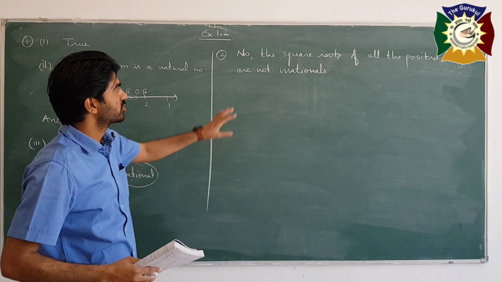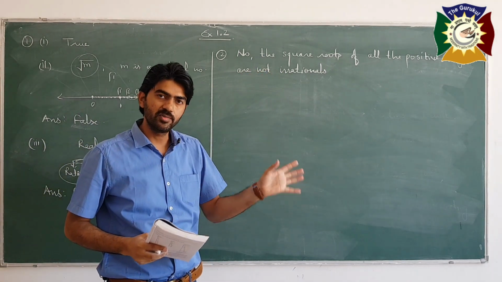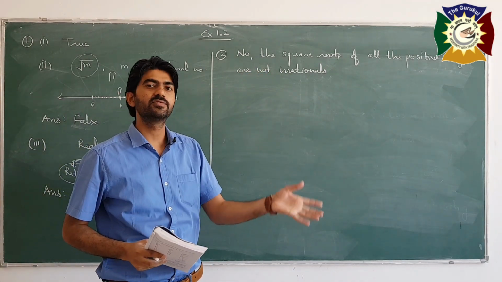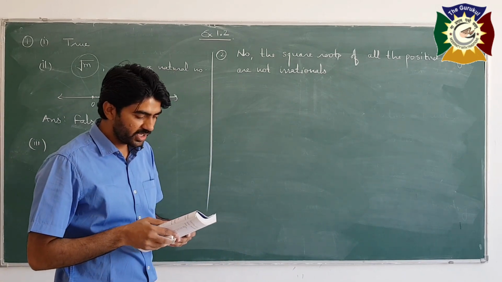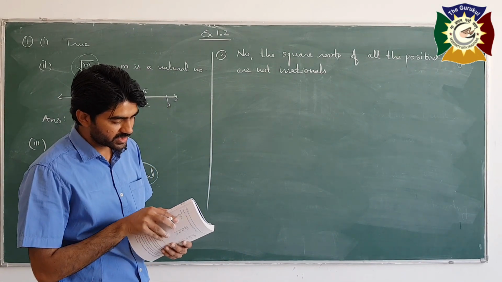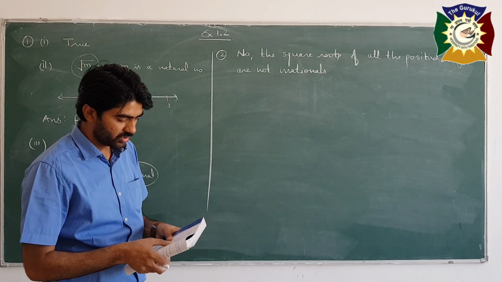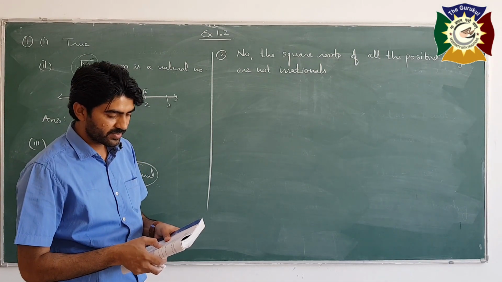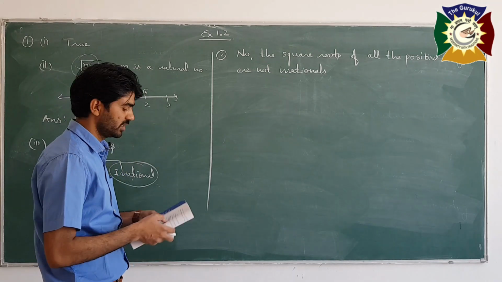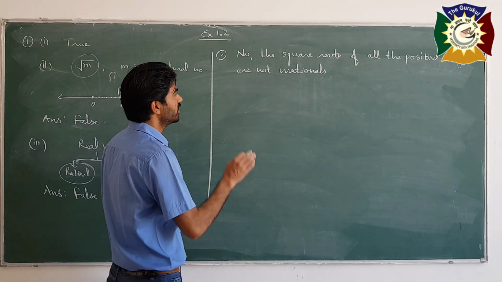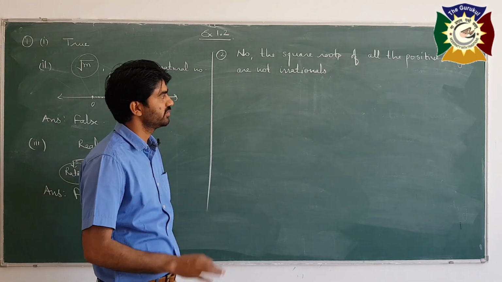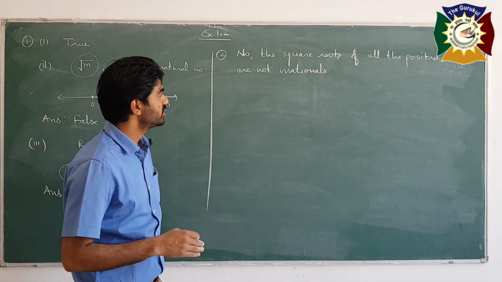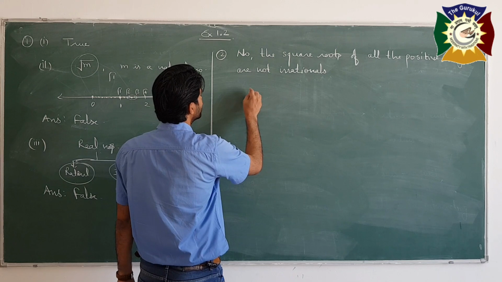It means among the square roots of all positive integers, some of them are irrational and some of them are rational. All are not irrational. If not, then give an example of the square root of a number that is rational. So we have to give some examples of square roots of positive integers which are rational.